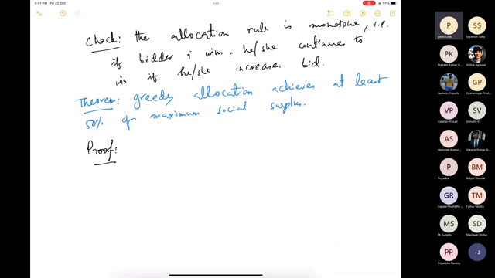Okay, so proof. Let opt be the maximum social surplus, and say alg is the social surplus of the greedy algorithm.